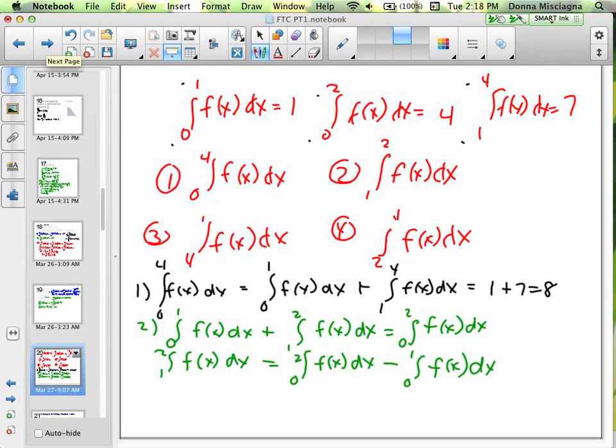If we write it the way they line up, from 0 to 1 and 1 to 2, we see if we subtract 0 to 1 from both sides, we're going to end up with just the 1 to 2. So this would be equal to 0 to 2, which is 4, minus 0 to 1, which is 1, and that's going to be 3. And there we go. So 1 and 2 are done.